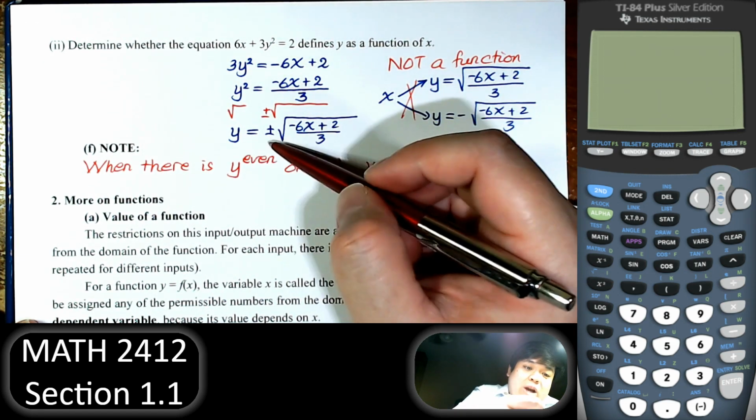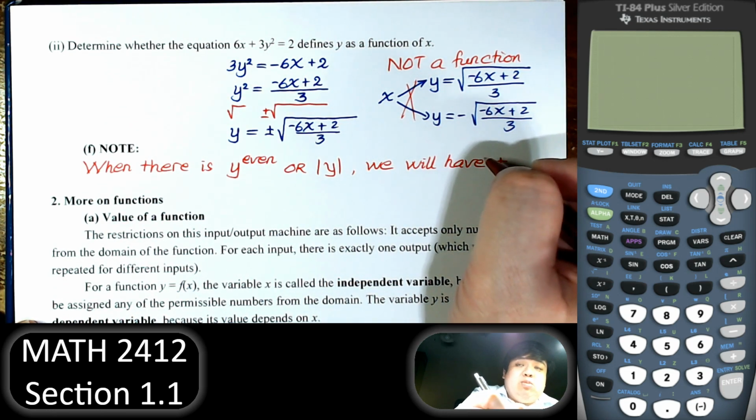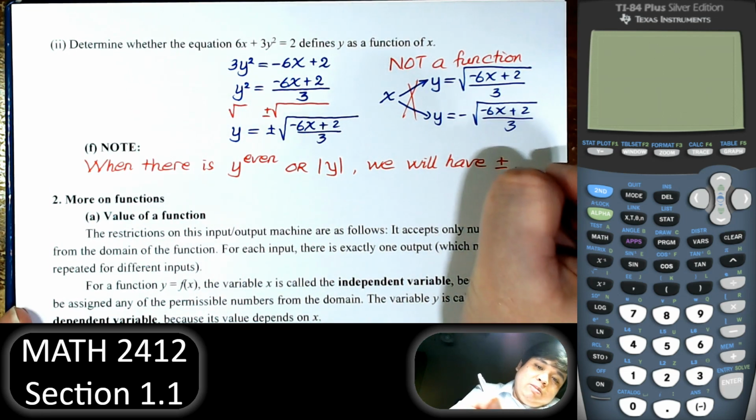Because to undo this, we have to take a root, and with an even root we have a plus or minus. And in that case, most likely it's not going to be a function of y in terms of x.